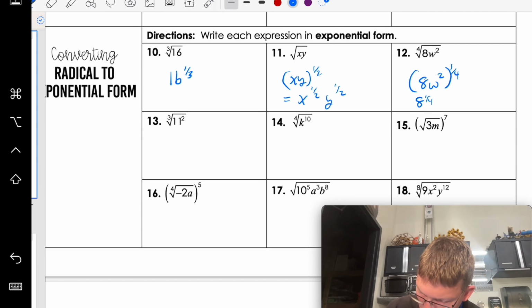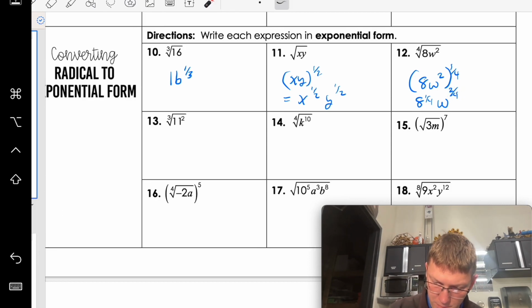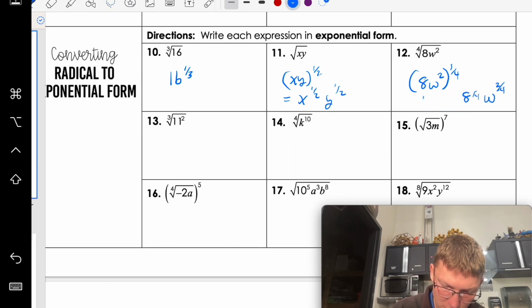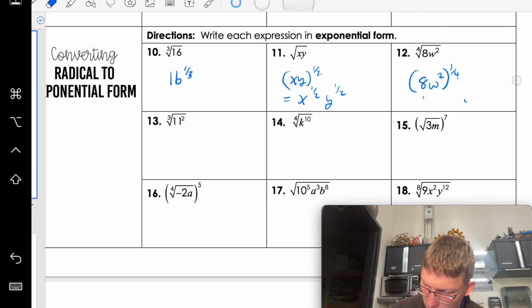Anyway, so then we've got this w. So the w is going to be now to the 2/4. So let's see if I can move this a little bit. I still missed it, but whatever. You guys know what I mean. So note the fraction, the w is now at the 2/4.